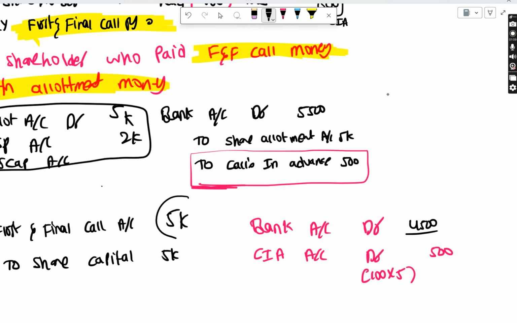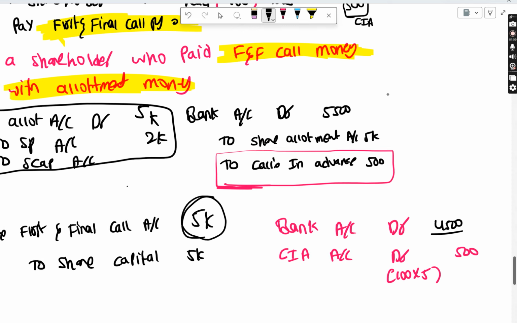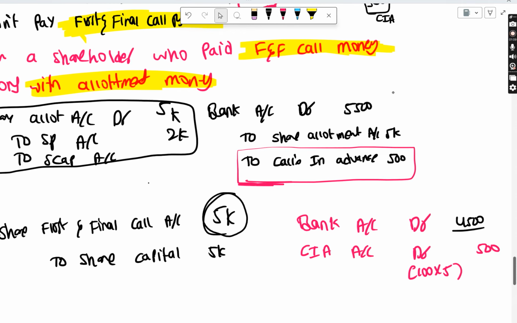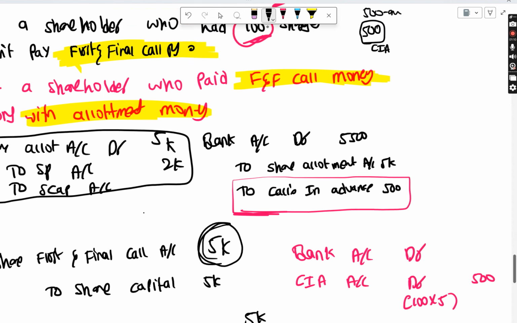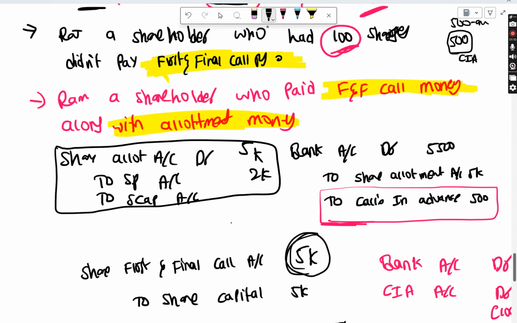We are supposed to receive 5,000 rupees as the first and final call. Out of 5,000 rupees, this Ram already paid along with the allotment money. Here we credited, so we are not going to ask him again.